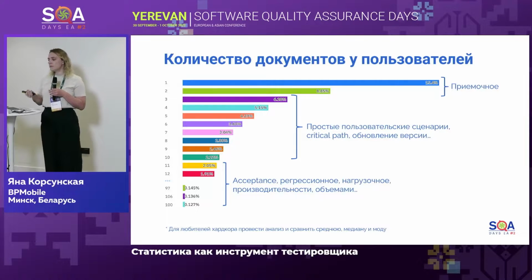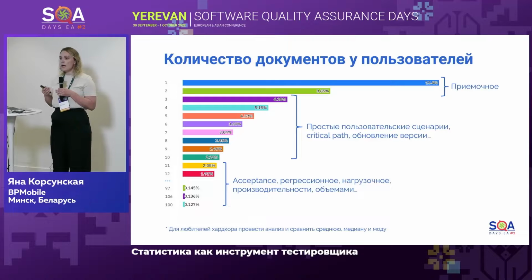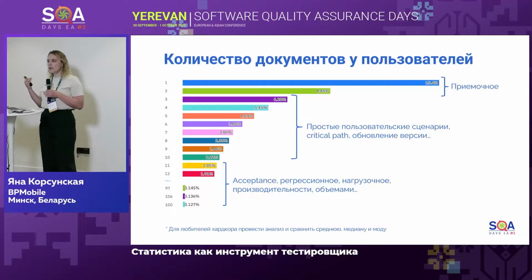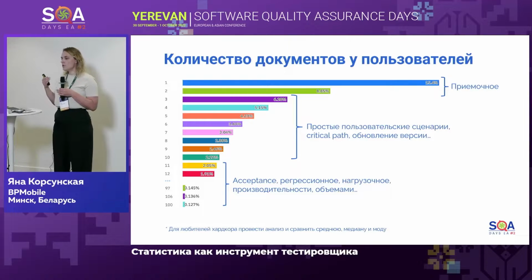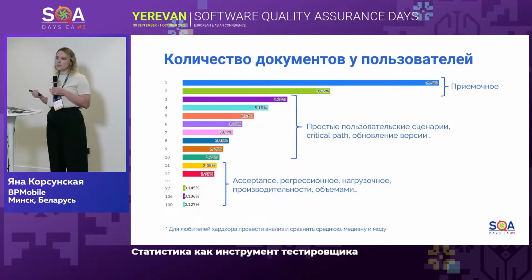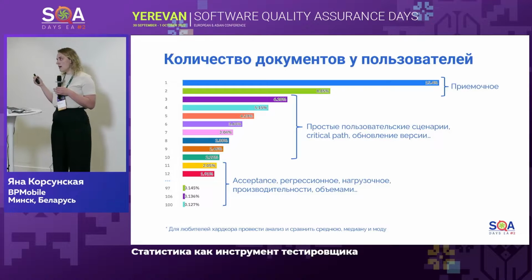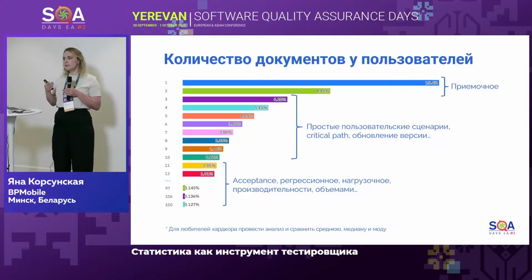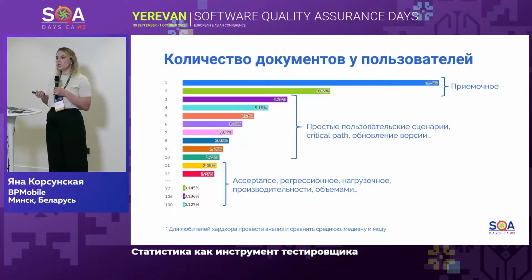For example, one or two documents are enough for acceptance for the version updates and simple user scenarios or critical bias. Ten documents should be enough. The rest should be used for regression, to cover all other testing approaches like load testing, stability testing, and so on.